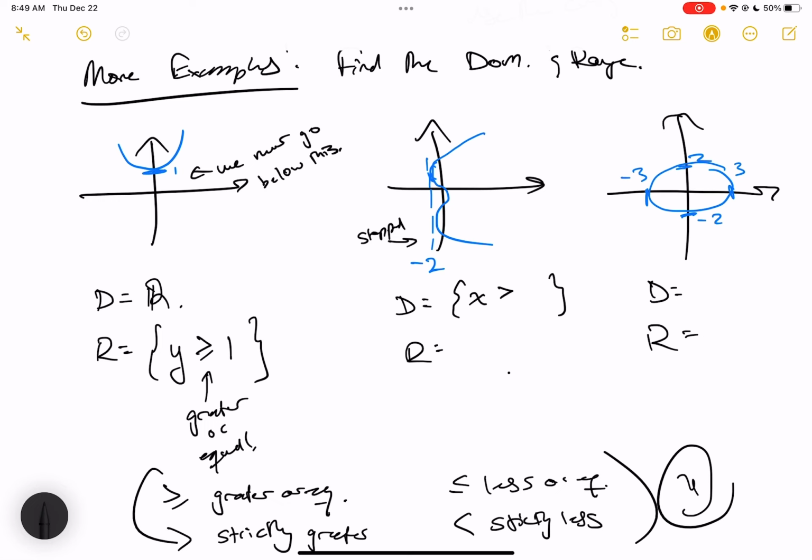So here, x can only be greater than or equal to -2. And the range. Is there any restrictions on the range? No, I don't see any. I don't see us getting stopped anywhere. So in this case, we know that our range can be any real number. So in this case, this is a case where the range is R.